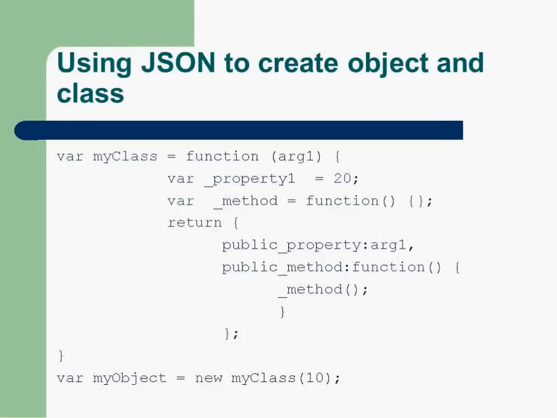Okay, that makes sense. And when we do var my object is new my class, it returns an object with a public property and public method. So what I will get is my object dot public property, my object dot public method. In that method code, I can use my private variables, and they will be available because they were available at the particular time of definition.